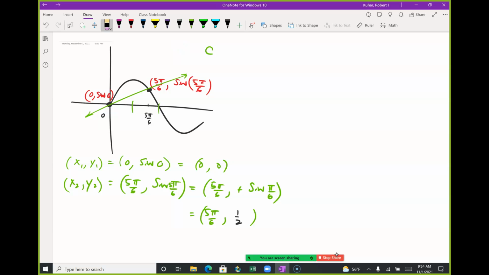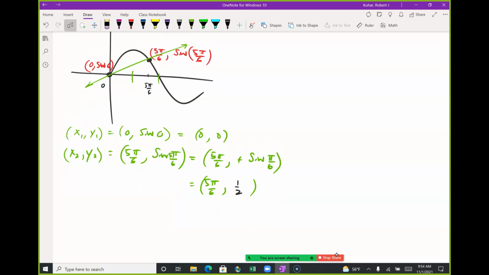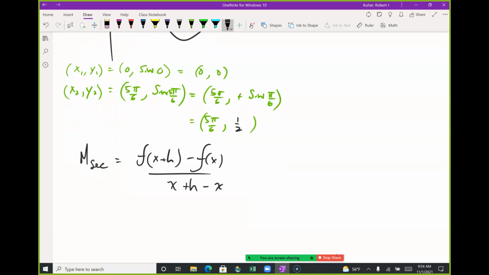Everybody following me? Now I need the slope of the secant line, which is f of x plus h minus f of x over x plus h, I'm sorry, over x plus h minus x, right?